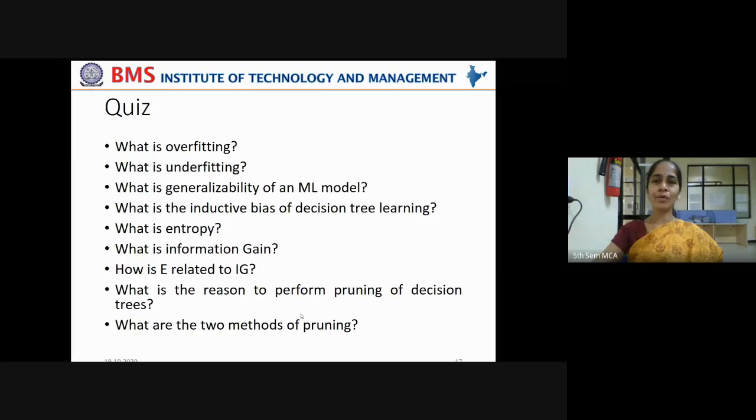Very good. Reduced error pruning, where the error has to be reduced when some pruning happens, or rule post pruning, where when some rule is removed, performance has to increase. If the performance is not increased, retain the rule, do not prune it. Okay, that is the criterion in order to prune the trees which are resulting in overfitting.